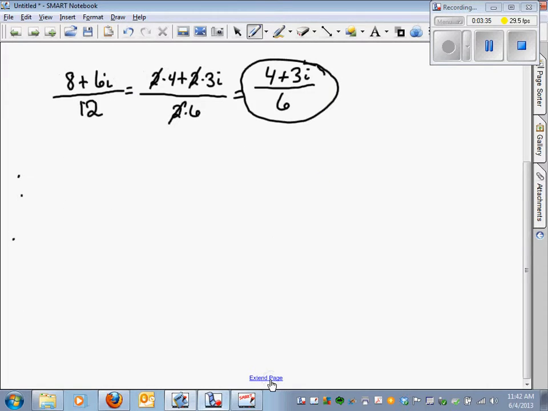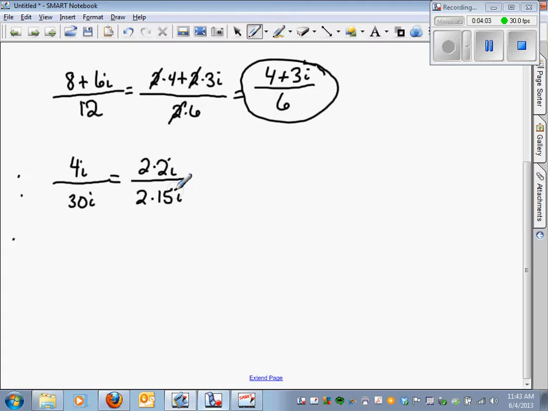One more example here. Suppose we were to have 4i over 30i. We're going to look for the same thing, a common factor between the numerator and the denominator, and our common factor again is 2. 4 is the same as 2 times 2, and we have the i. 30 is the same as 2 times 15, and then we have our i.